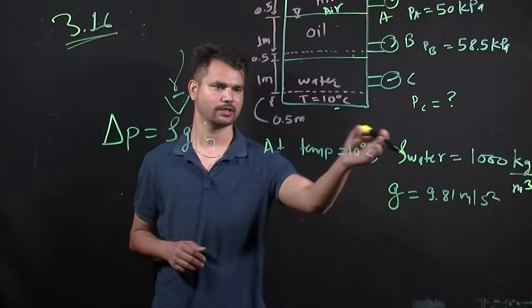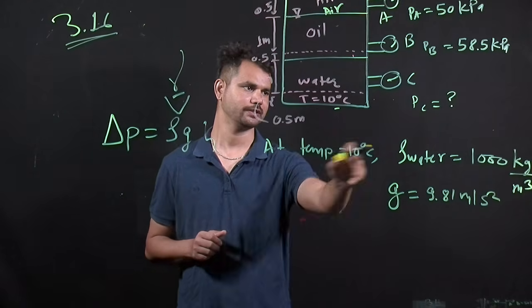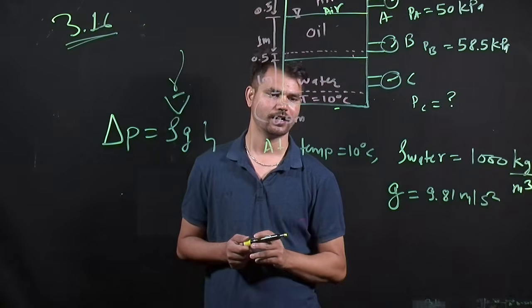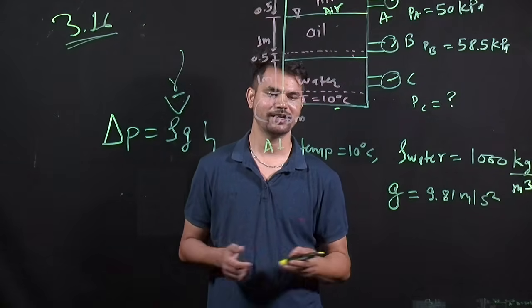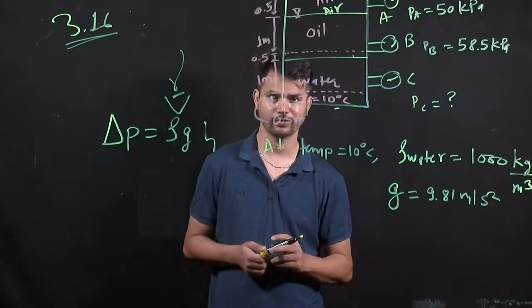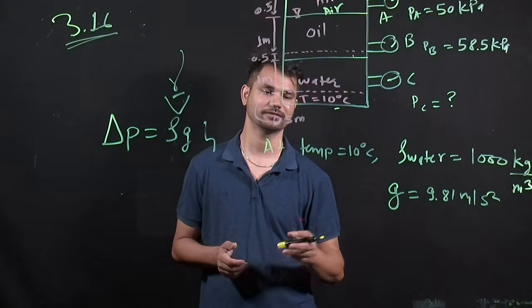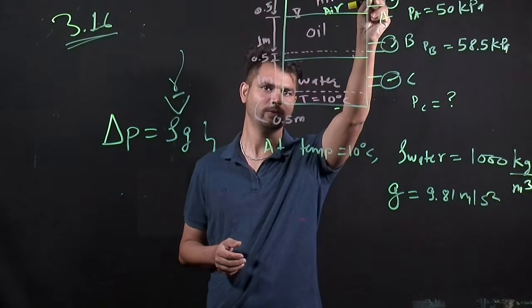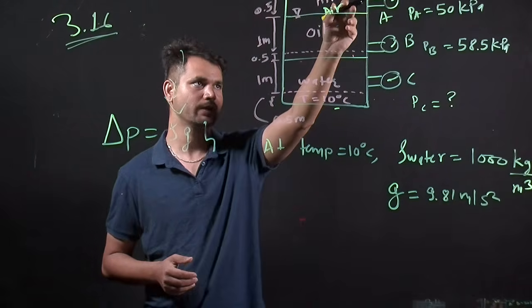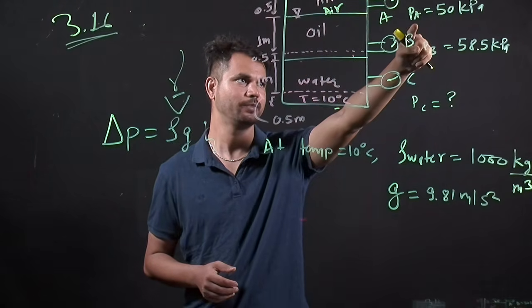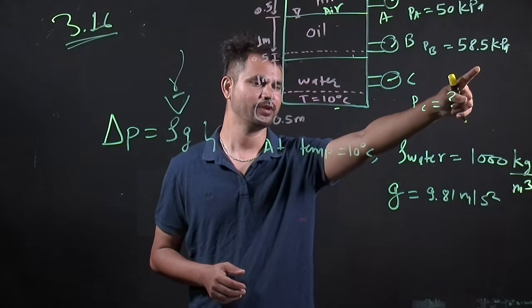So we know the density of water at 10 degrees Celsius is equal to 1000, and acceleration due to gravity is 9.81, and for finding the specific gravity of oil we can see here one of the interesting things: when we come down from upper, you can see here PA is equal to 50 and PB is equal to 58.5.